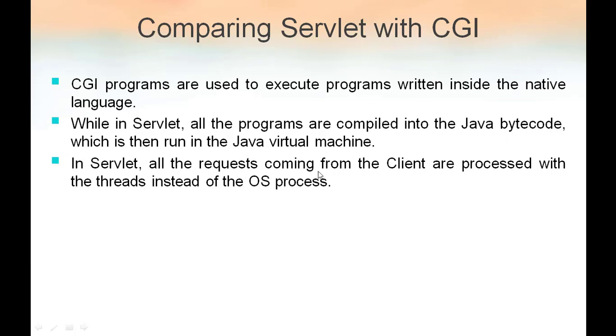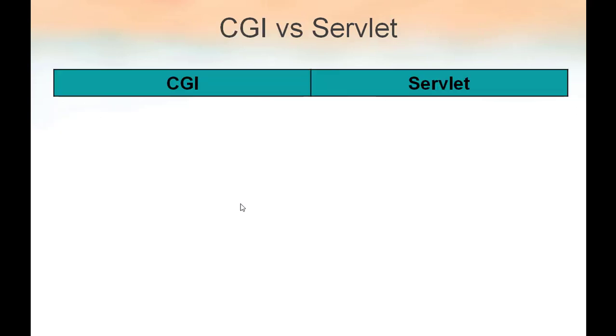In Servlet, all the requests coming from the client are processed with threads instead of OS process. As we saw in the previous slide, CGI programs are processed with the OS process, while Servlet requests are processed with threads.